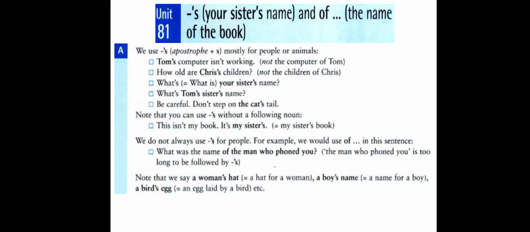A boy's name, a name for a boy. Here again a boy is singular and it is followed by apostrophe plus S. A bird's egg, an egg laid by a bird. Here we have bird singular followed by apostrophe plus S plus the noun.